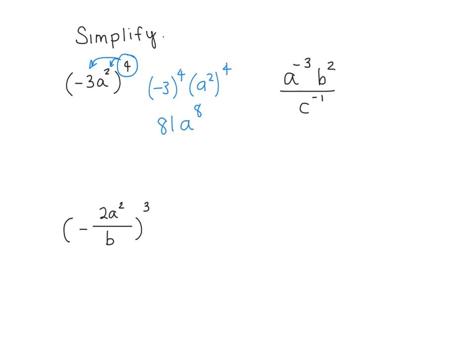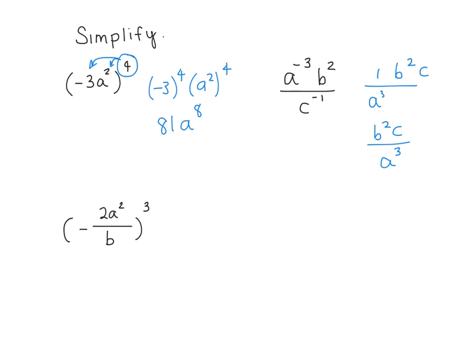Second one, we have a to the negative 3rd power. That is the same as 1 over a to the 3rd power. b squared stays where it is. c to the negative 1st power, that's c on the top. So we have b squared c over a to the cube.